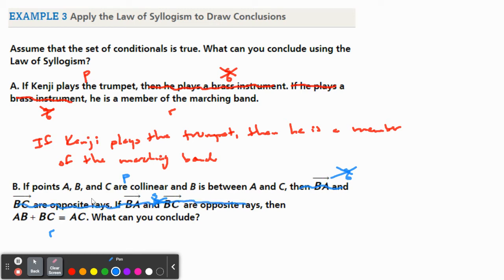We're going to link P, this idea of being collinear and between A and C, with the segment addition postulate idea.